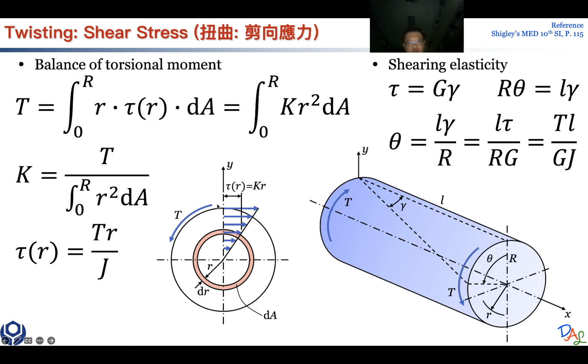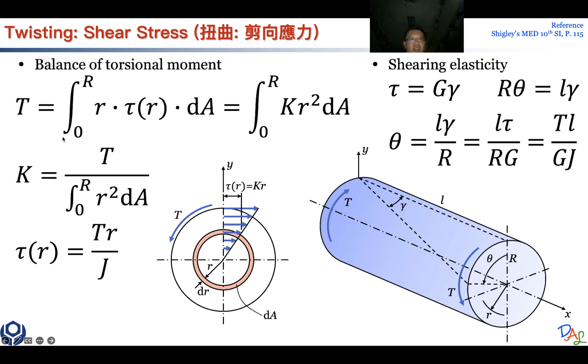So one part of the material is under the external torque, turning counterclockwise, and at the cross section we will have some shearing stress, and that is responsible for the clockwise moment. So the torque and the clockwise moment generated due to the shearing stress will balance.